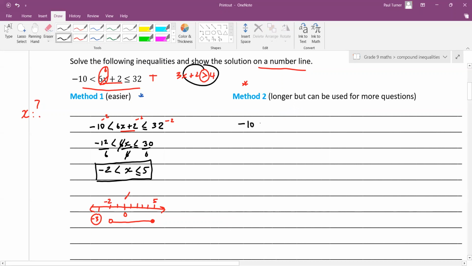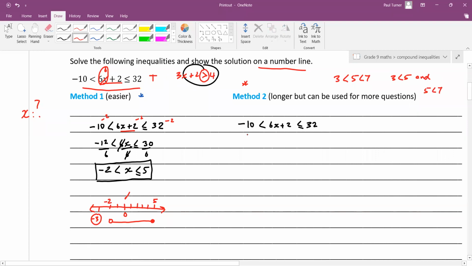So -10 less than 6x plus 2, less than or equal to 32. All right, so what we do here, as I mentioned earlier, if we had something like 3 is less than 5, which is less than 7, which is obviously true, we could say 3 is less than 5 and 5 is less than 7. We can do the same here.